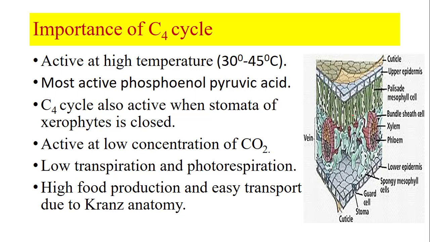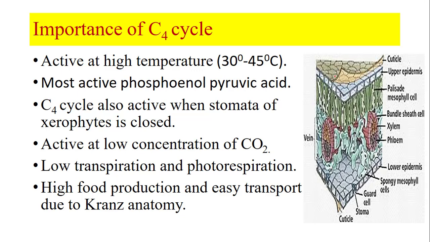High food production and easy transport due to Kranz anatomy. We know that in Kranz anatomy, xylem and phloem remain associated. As a result, xylem supplies water and minerals to bundle sheath cell.